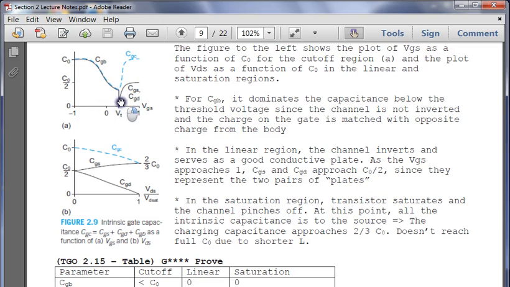So CGS and CGD are both approaching C0 over 2, since they represent two pairs of plates. The gate body capacitance goes away, and they happen to add up to C0, so the amount of capacitance in and of itself is not changed when we reach the threshold voltage.